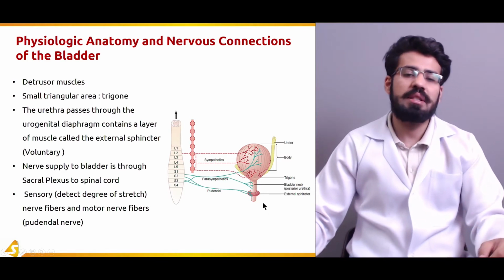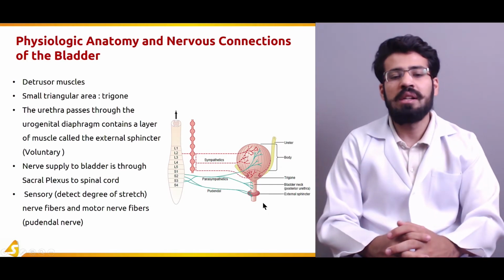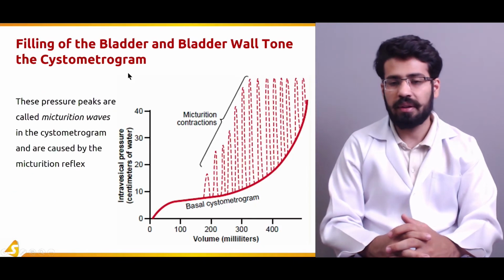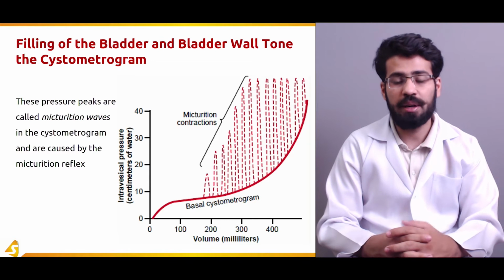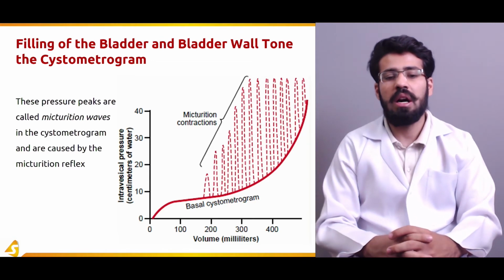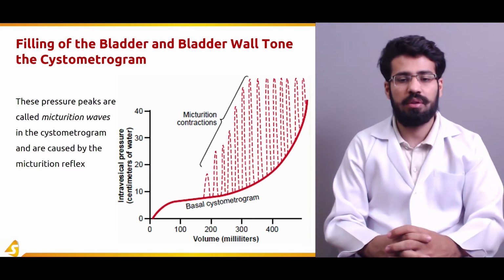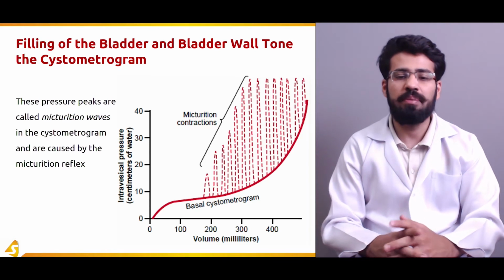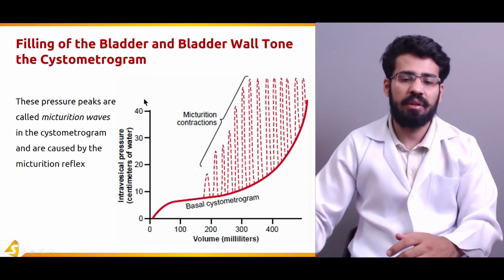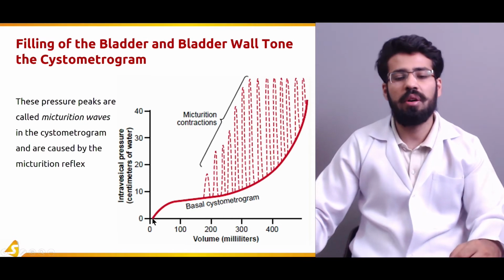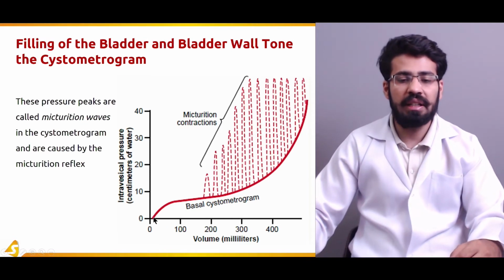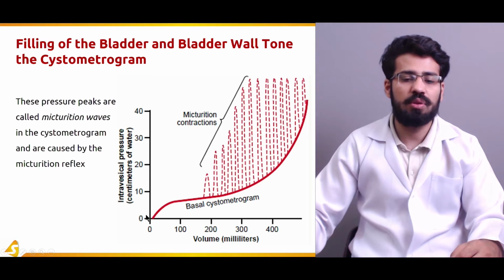Now, in this particular slide, we are going to discuss the Cystometrogram. What that basically does is tell the bladder wall tone with respect to the intravesical pressure. Let's start off: whenever there is a very low volume in the bladder, the pressure is almost zero.